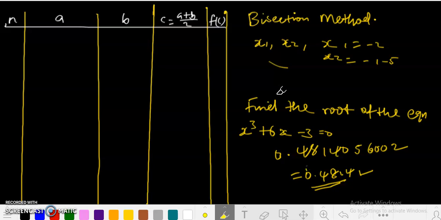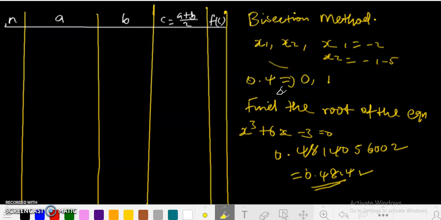Now, for you to know if a is positive or negative, you simply need to plug in, because now we have 0.4. It lies between 0 and 1. We can evaluate using these two numbers to see whether the result is negative or positive.